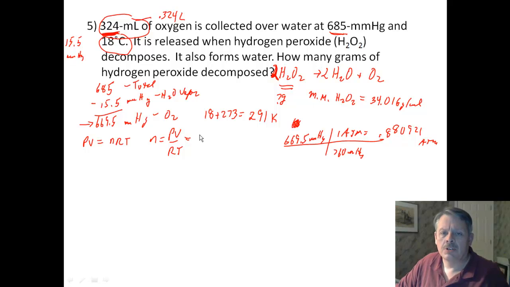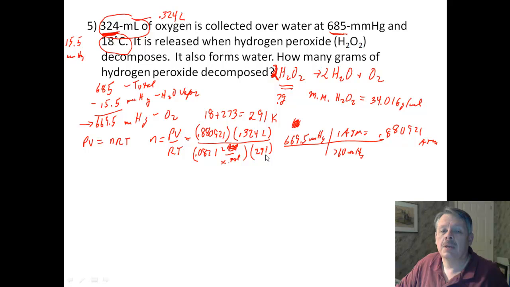Our pressure is 0.880921 atmospheres. Our volume is 0.324 liters. Remember, we had to do liters instead of milliliters because of our R constant, which is 0.0821, in liters, atmospheres, moles, Kelvin. And we have to put our temperature on the bottom, which is Kelvin, which is going to be 291.